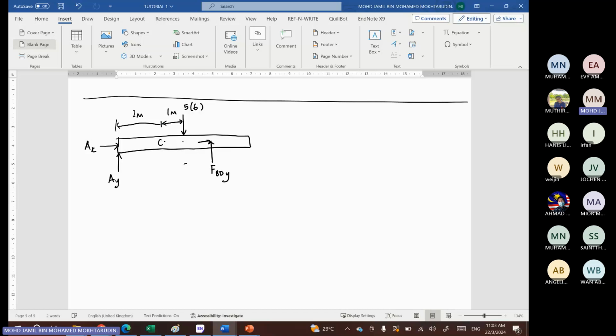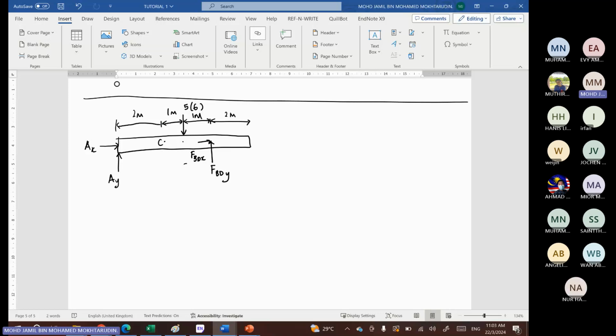FBDY, FBDX. Okay. So we can start with finding moment at A. Okay, so we have 5 times 6, the force 5 times 6 times the length 3.